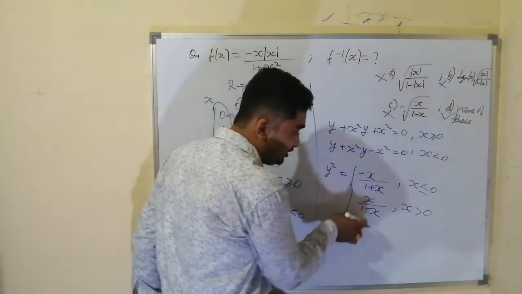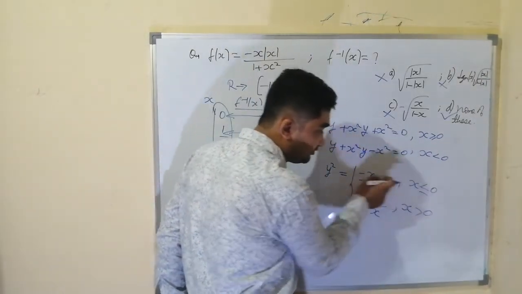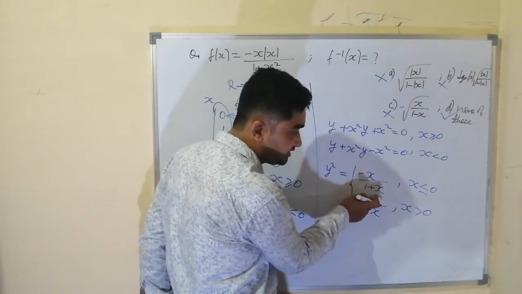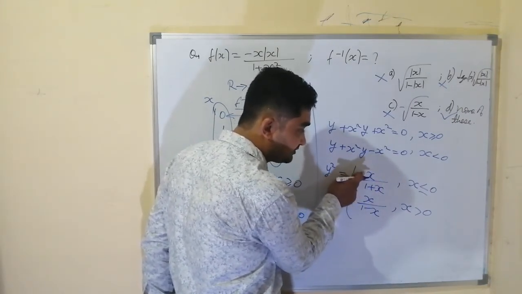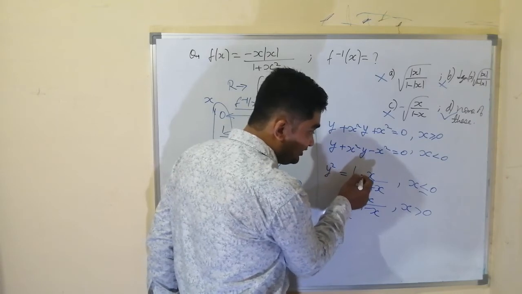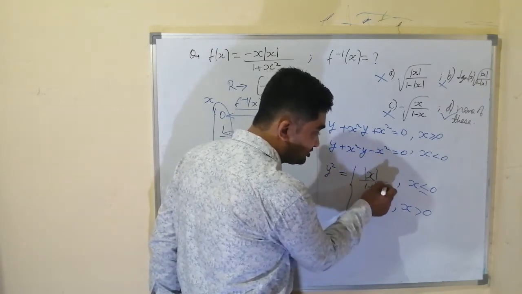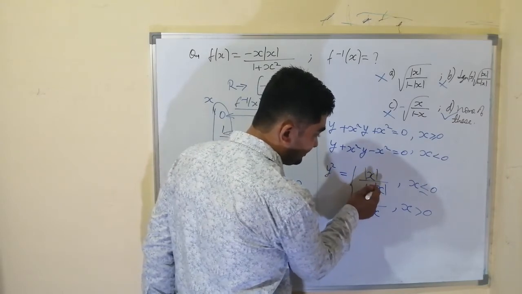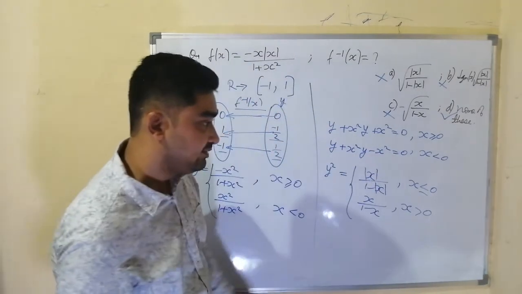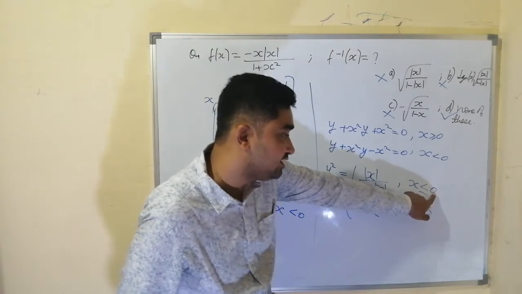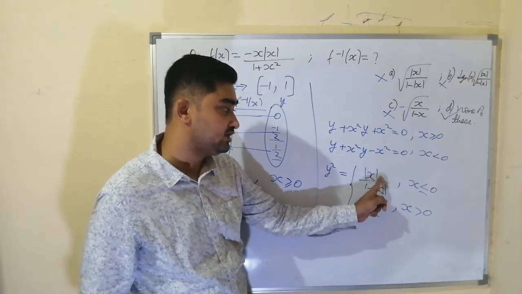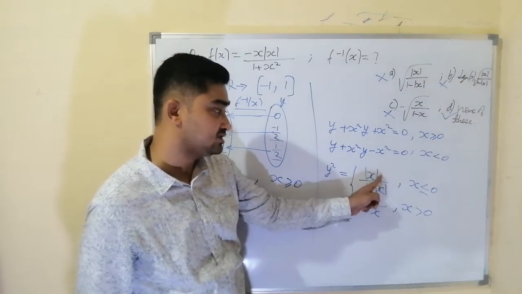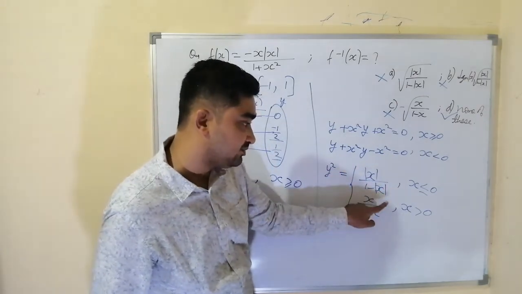Now look carefully at this. Whenever x is negative, here we have minus x, here we have plus x. So can we write it like this? Mod of x and this also mod of x with negative sign. Both are same. Why? Because whenever x is negative, mod x is to be replaced with minus x. We will get minus x, and here also mod x will be replaced by minus x.